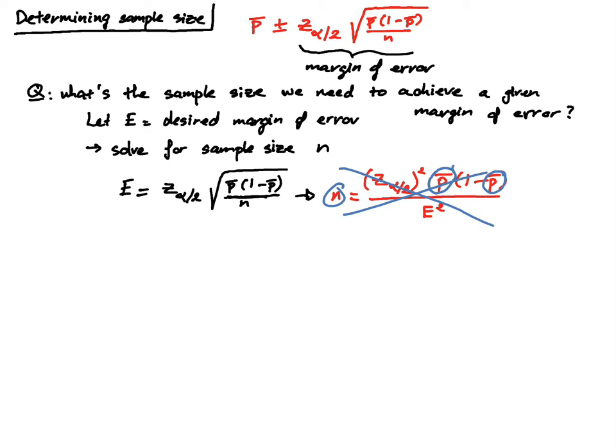So we don't use this formula, but we modify it just a little bit. We use n equals z sub alpha over 2 squared times p star times 1 minus p star divided by E squared, where p star is what's known as the planning value.